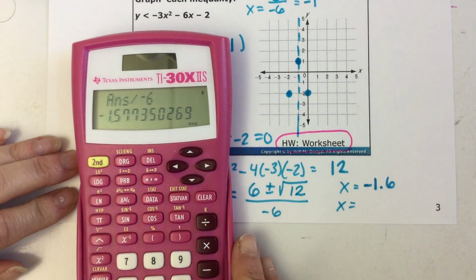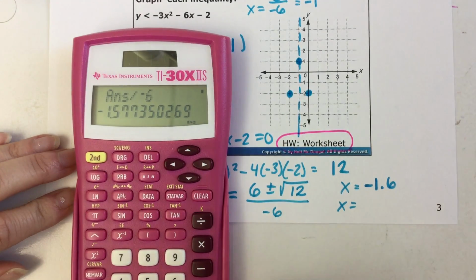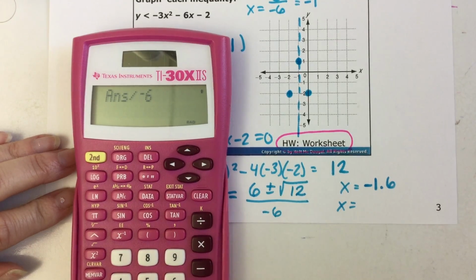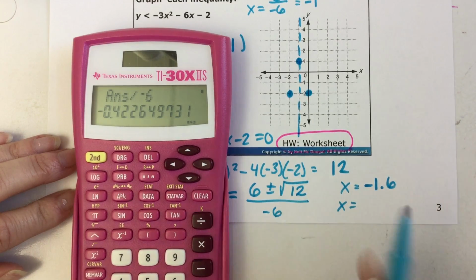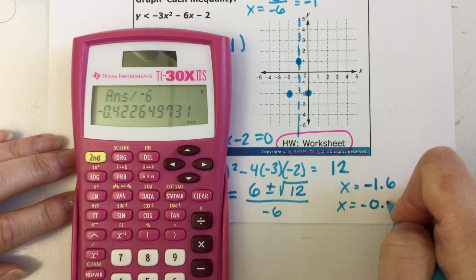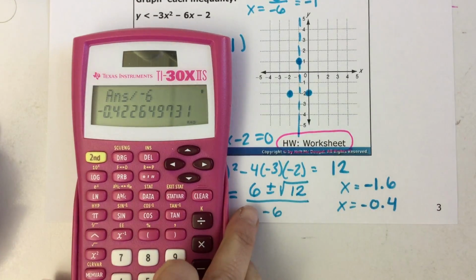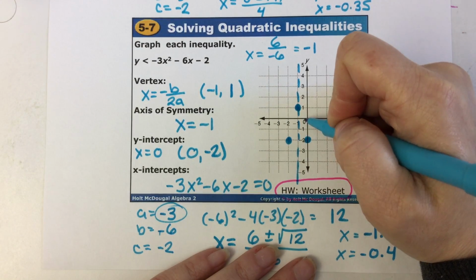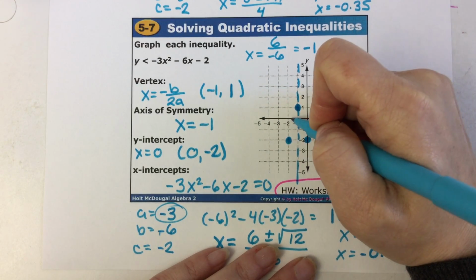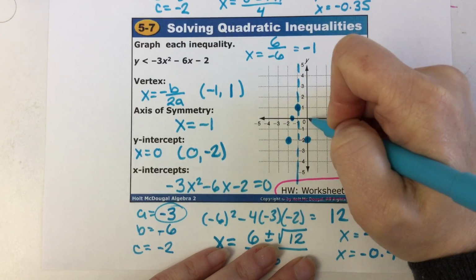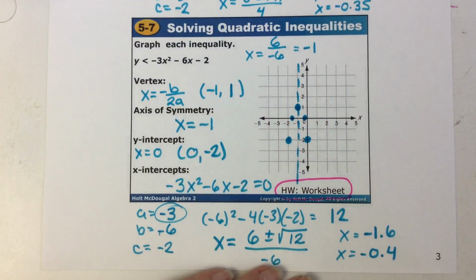So if I round it to the tenth, it'd be approximately -1.6. Do this again, but now it's a minus. 6 minus the square root of 12, hit enter. That's the top. Divide the top by the denominator, which is negative 6. I have negative 0.42, so approximately negative 0.4. Go ahead and graph those. So I go to the left 1.6. I go to the left almost half a unit.